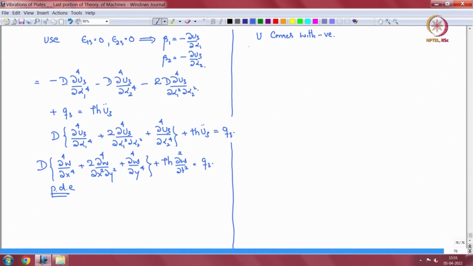So the boundary forcing terms will come with a positive. Boundary forcing terms are positive. So we get integral from T1 to T2.